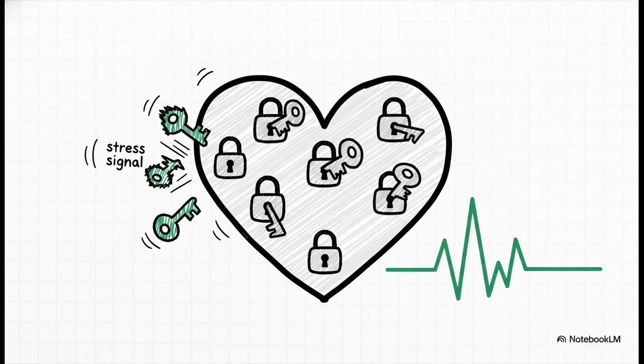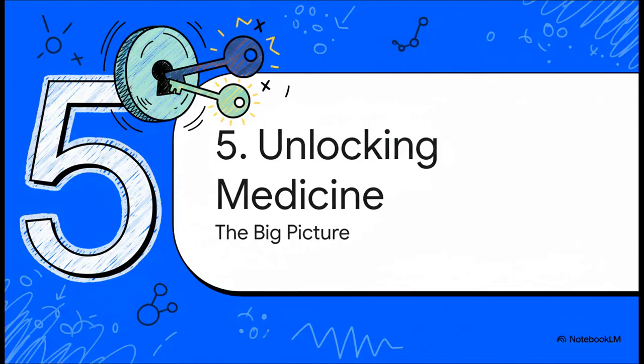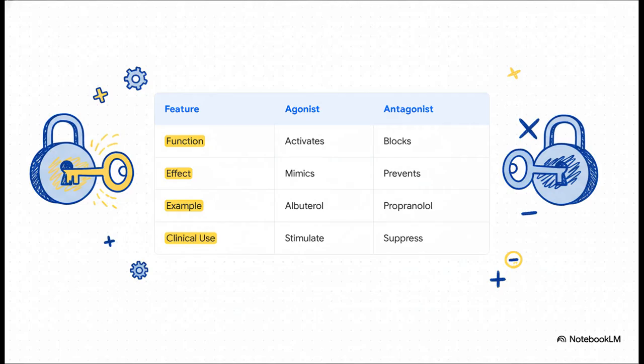So let's step back a bit. We've got one key that turns things on and another that stops things from turning on. And this simple little duality isn't just some neat biological trick. It is, quite literally, the key to unlocking so much of modern medicine. This table just lays it all out perfectly. Let's just run through it real quick. For function, you've got agonists activating and antagonists blocking.